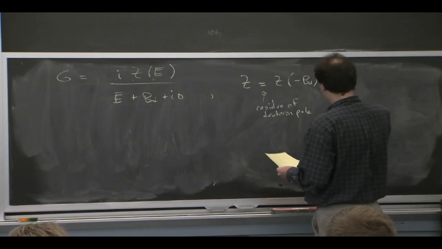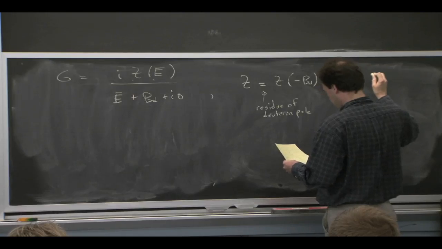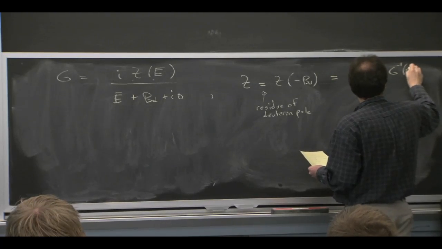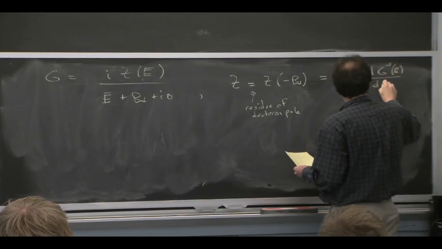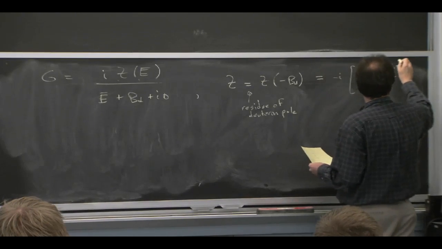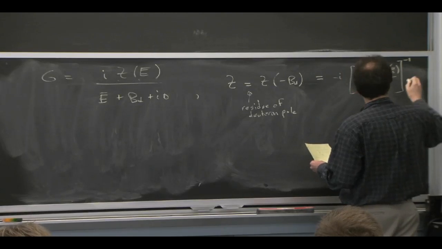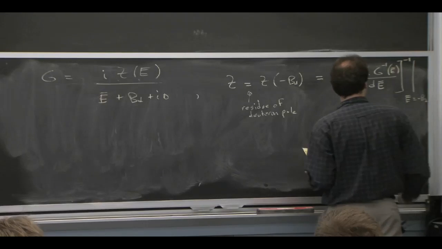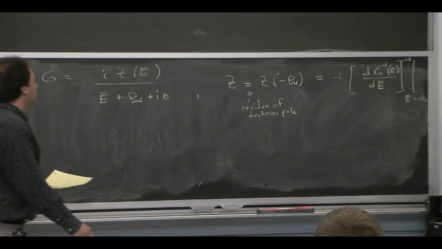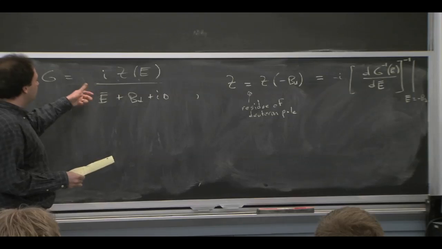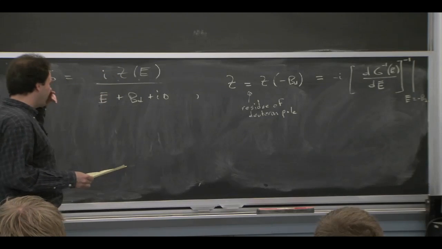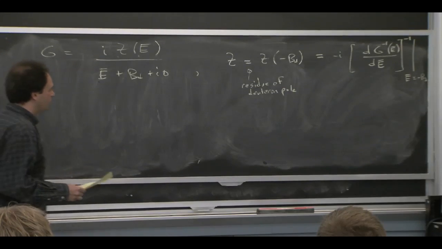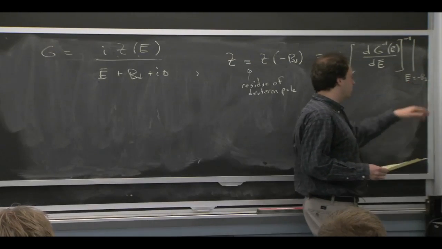With a little bit of manipulation, we can write that as the following. We can relate it to a derivative at the pole. So take the inverse, take a derivative to get just this factor, take an inverse again, you can extract that residue, killing off some other pieces by going to the pole.